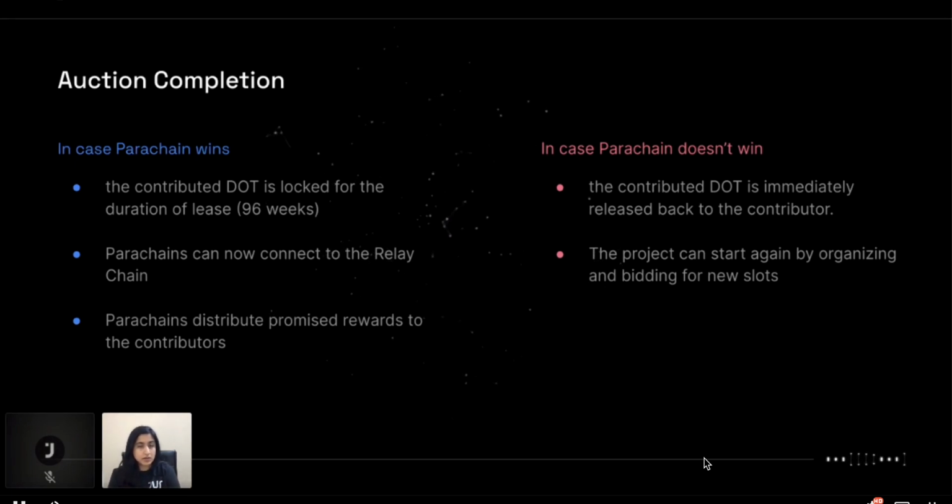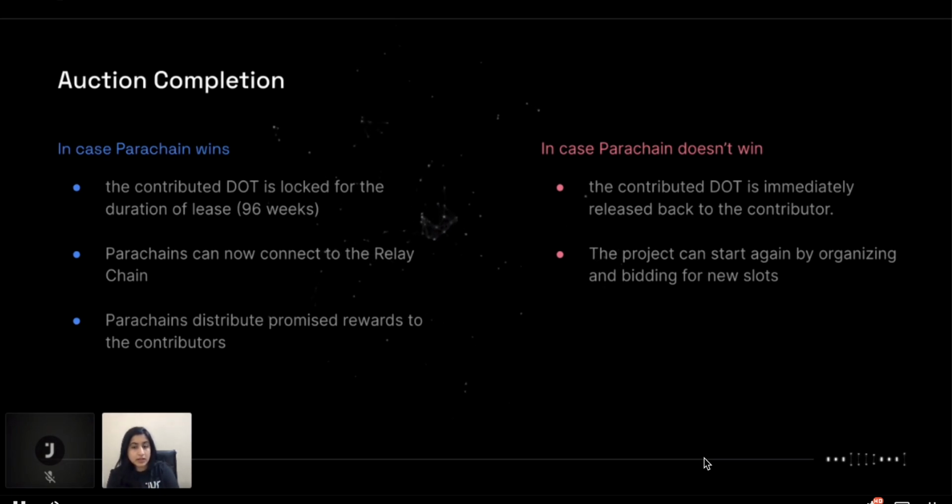This is where the chain is live, their data is also validated by the main relay chain, and it is overall secure. All the dApps and all the L2 products that are built on top of it would have been functioning even before, but now the data is much more secure. And this is also when the projects can start distributing the rewards that they had promised before.